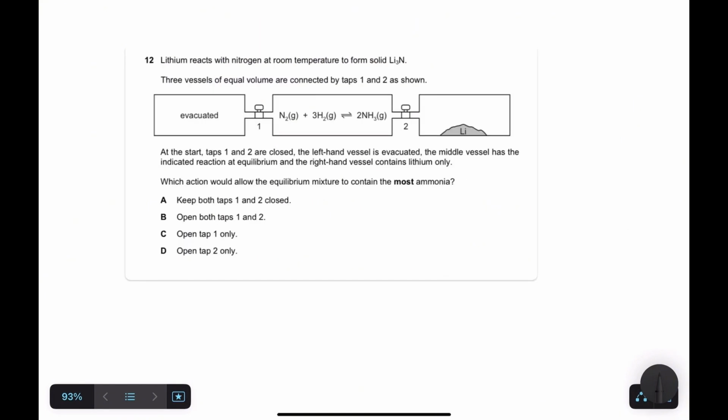Question 12. Lithium reacts with nitrogen at room temperature to form Li3N. The three vessels of equal volume are connected to taps 1 and 2 as shown. At the start, taps 1 and 2 are closed. The left-hand vessel is evacuated, which means it is vacuum.